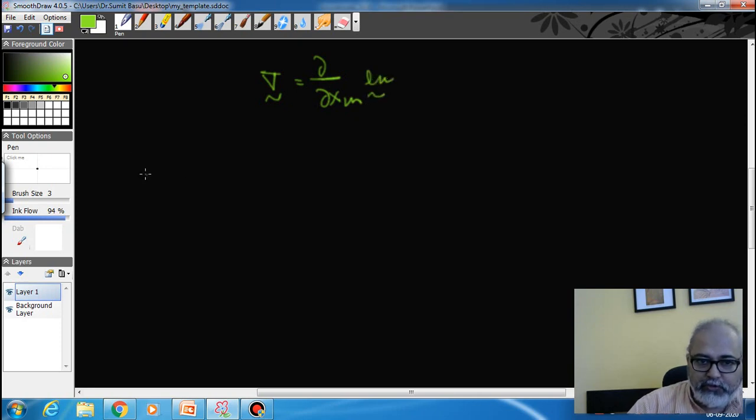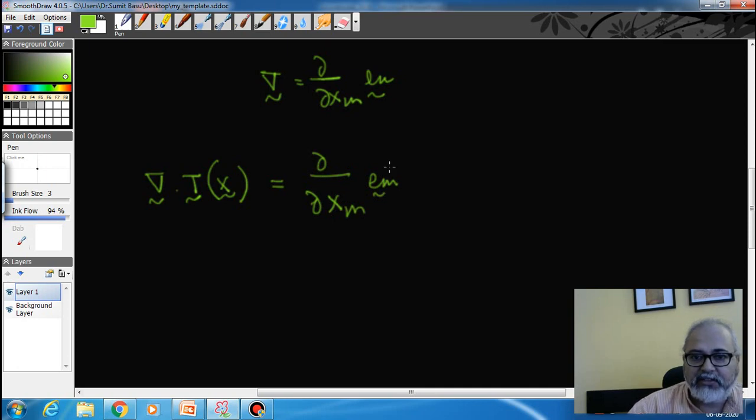We want to do this of a tensor field which is a function of position, and it's done exactly the same way. So ∂/∂x_m e_m, that's the first vector, that's the nabla, dotted with T_pq e_p e_q, that's how you write a second order tensor.